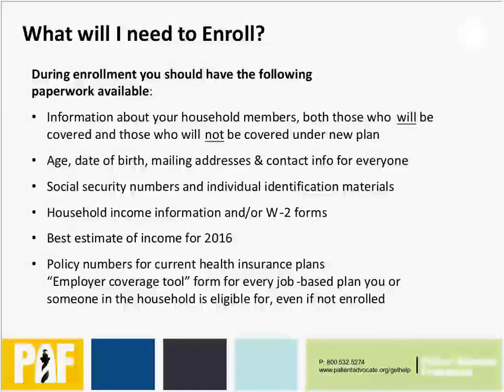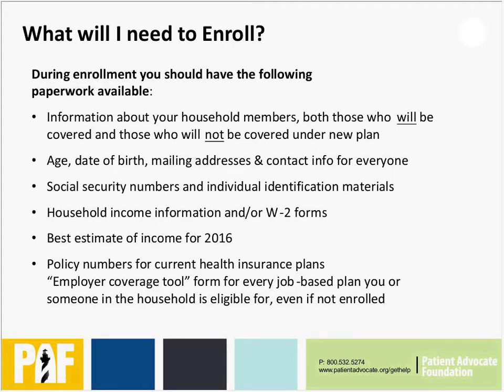So what do you need to enroll? During your enrollment, after you've evaluated the different plans and you're going to enroll, it's important that you have some information available to you, whether you do it online or over the phone. You're going to need information about your household members, both those who will be covered and those who will not be covered.